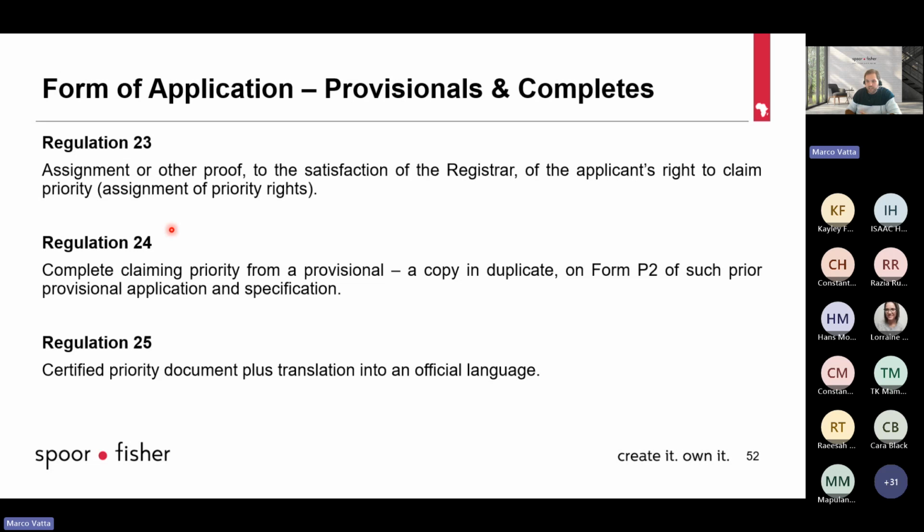Then, as we now know, Regulation 23 provides that there must be an assignment or other proof to the satisfaction of the registrar of the applicant's right to claim priority. So this is not an assignment of invention.